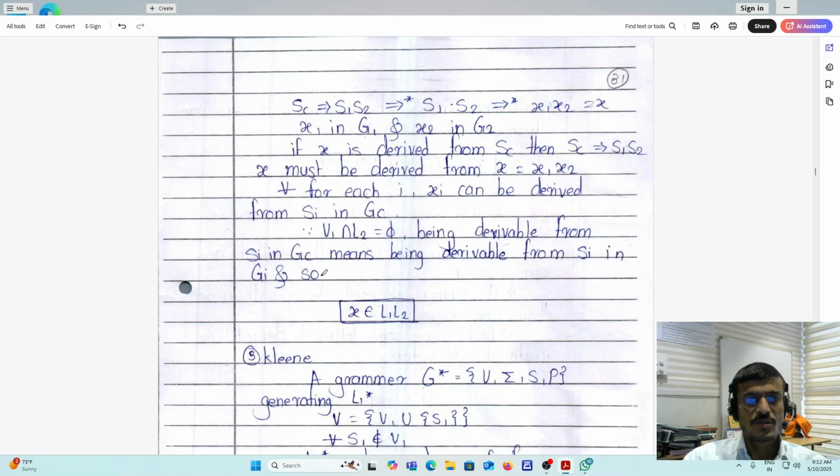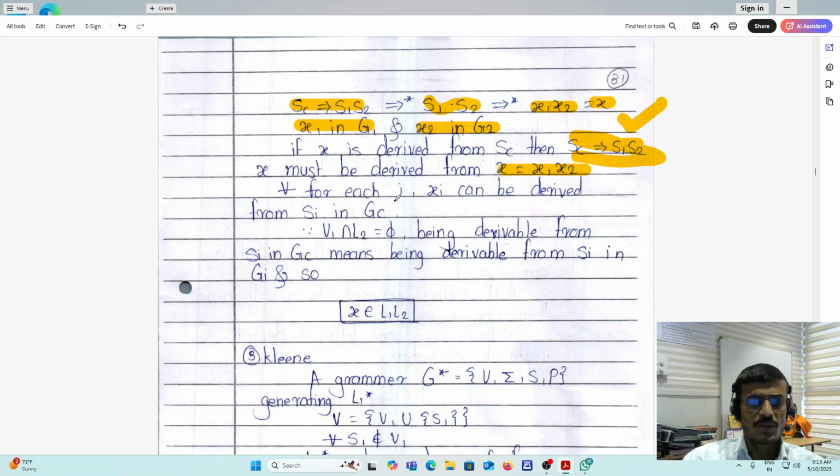You can see here S_C gives you S1 concatenate S2, so that x1 x2 gives you x. That is very important, where x1 is derived in G1 and x2 is derived in G2. And finally, by concatenating x1 and x2, it gives you x. If x is derived from S_C, then S_C goes to S1 dot S2, and x must be derived as x equals x1 x2.